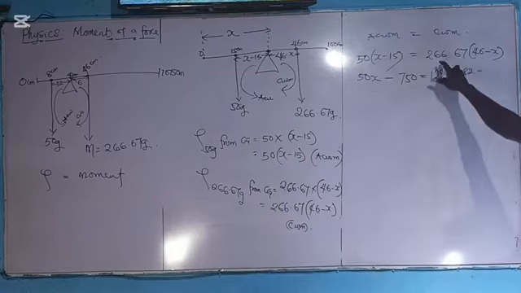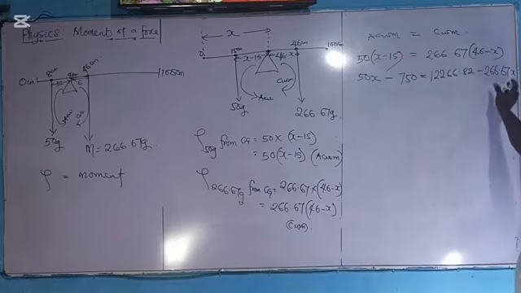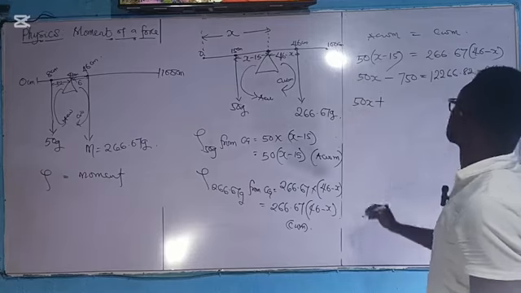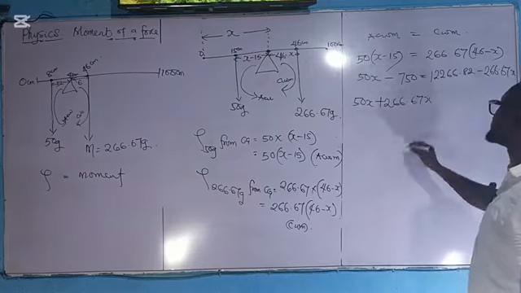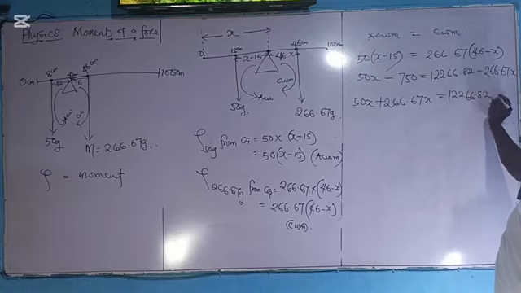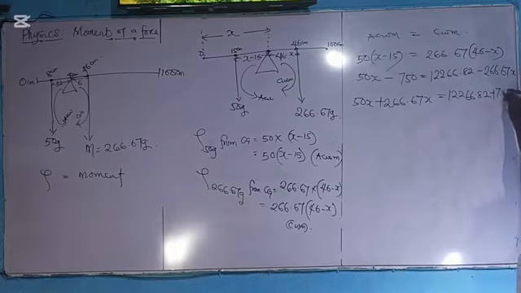Then minus 266.67 times x gives 266.67x. We collect the like terms. The negative of this x should cross over here as plus 266.67x, equal to 12266.82. If minus 750 crosses the equality sign, it becomes positive.